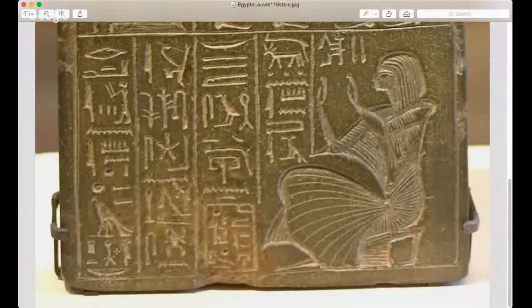So you have redi or redit iau, which is giving adoration to, and then you have the list of deities. So you have Amun-Ra, Ra-Horakhty, and Ptah. So it only makes sense. Right.